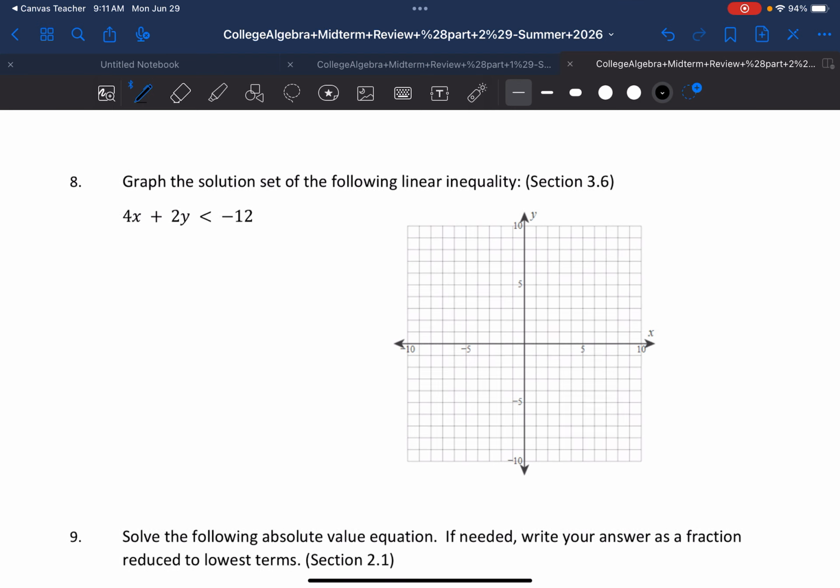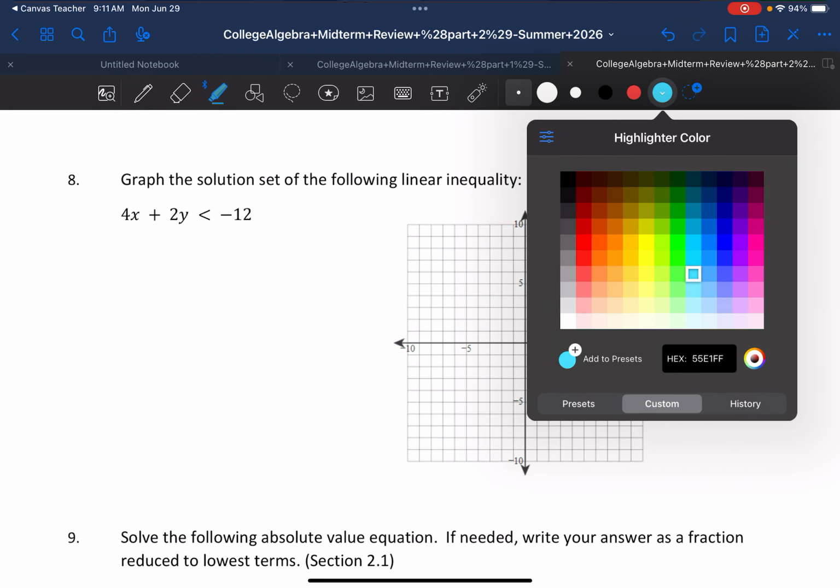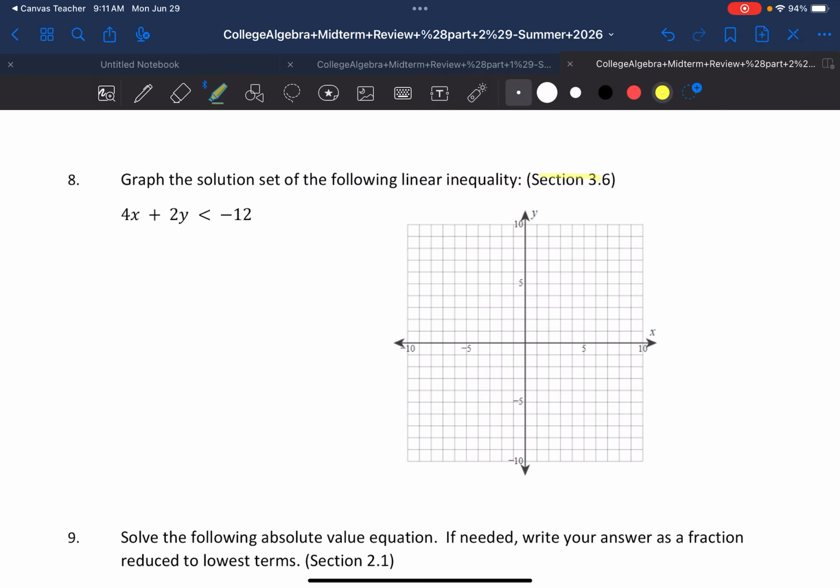Okay, number 8. This is section 3.6. Sorry, so 3.6 is about linear inequalities now.